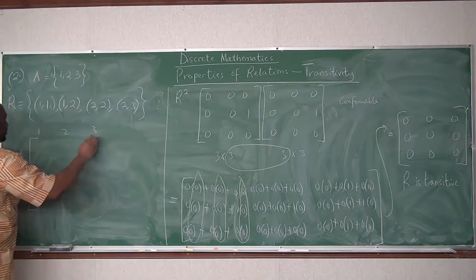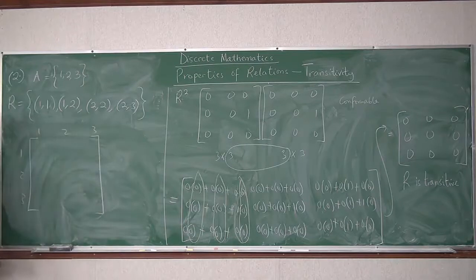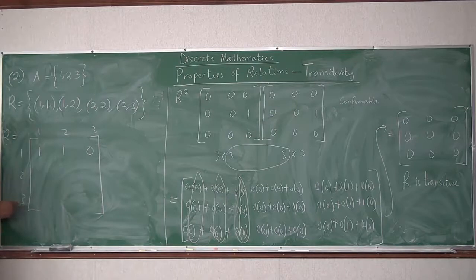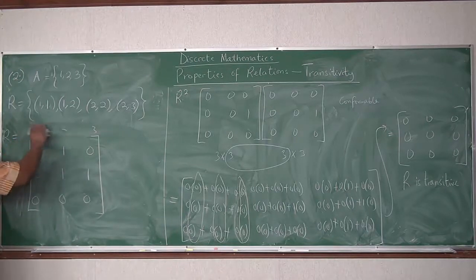Later I will delete this. So this is our arrow. 1, 1 is there, so I put 1. 1, 2, yes, is there. 1, 3 is not here. 2, 1 is not here. 2, 2 is there. 2, 3 is there. 3, 1, 3, 2, 3, 3 is not there. So I can erase this now.